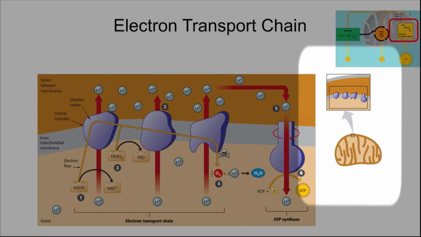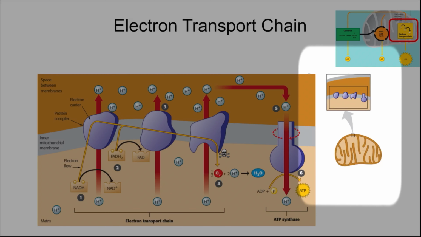Just like inside a battery, where a negative side and a positive side are separated, we see that the matrix is separated from the intermembrane space by the inner membrane. We can see that embedded on this inner membrane are protein complexes. Here they look purple. Now let's look at the full diagram.